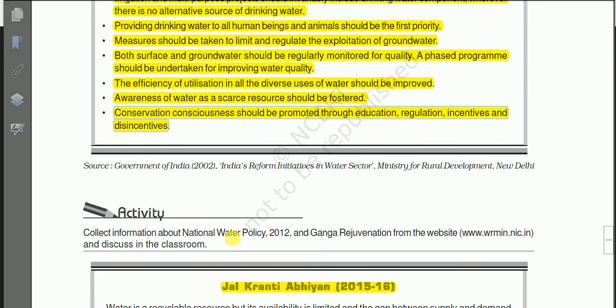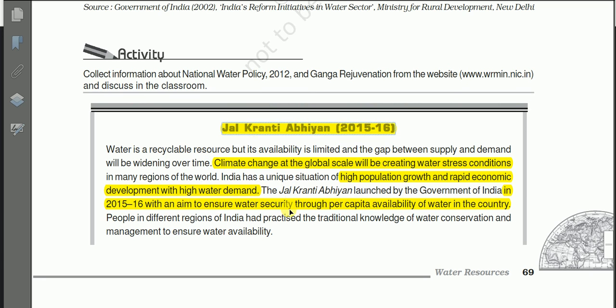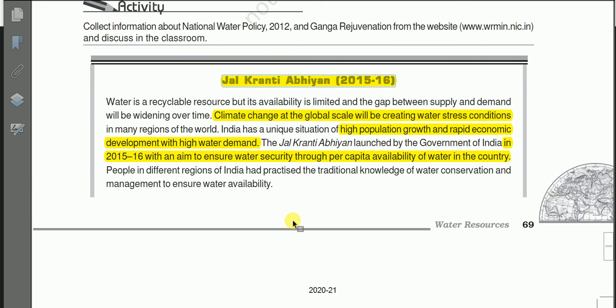Okay, and next we have another one that is Jal Kranti Abhiyan. So this is another program taken up by the central government. Water is a recyclable resource, but its availability is limited, and the gap between the supply and demand will be widening over time.